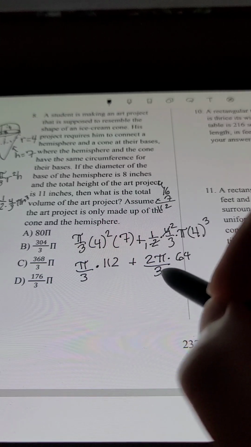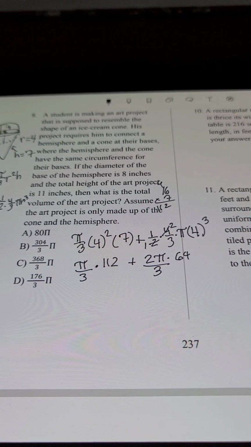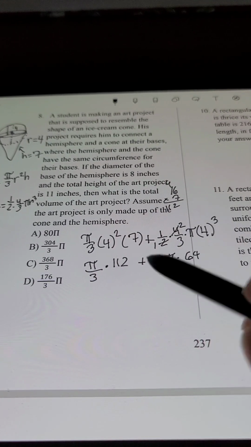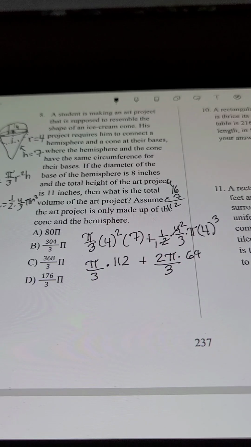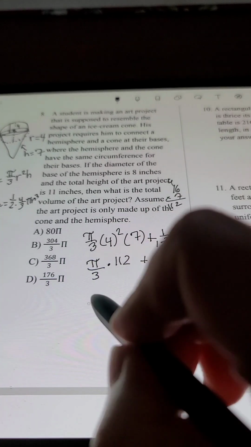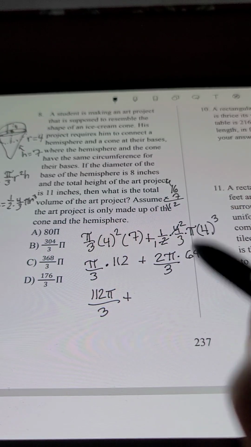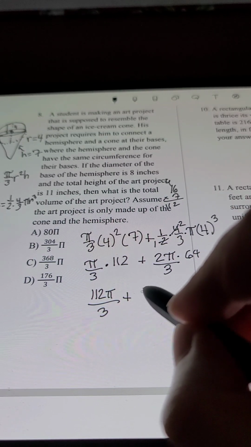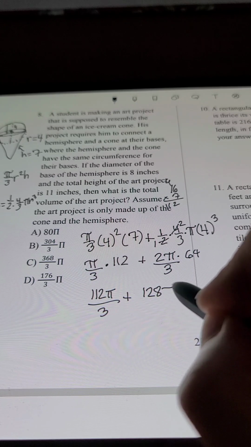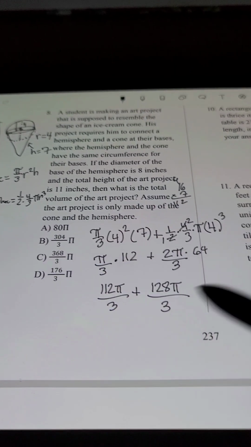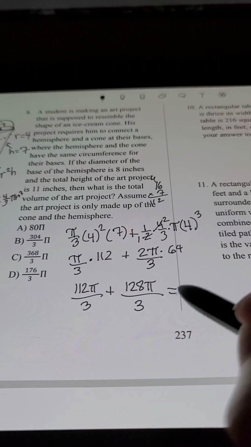So 2 pi over 3 times 64. So now let's just multiply each of these and then add them up. So this would just be 112 pi over 3 plus 64 times 2 is going to be 128 pi over 3. So now I'm going to add these up by adding the numerator.